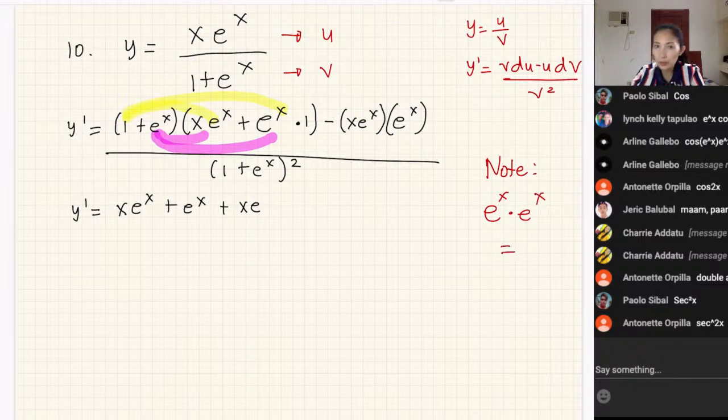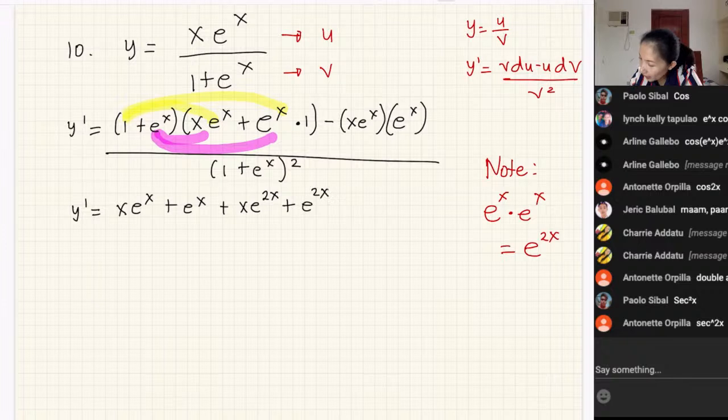What did we say? When you multiply powers of the same bases, copy the common base and add the exponents. So 2x. So e raised to x times e raised to x will be e raised to 2x. X e raised to 2x. And then this one will also give plus e raised to 2x.